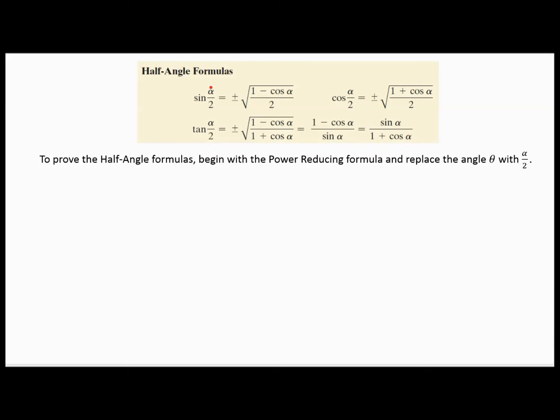To prove this, we won't prove all of them, but let's maybe talk about sine of alpha over 2. Where does that proof come from? It says begin with the power reducing formula. Okay, so let's begin with the power reducing formula for sine squared. So I remember that sine squared of theta is equal to (1 minus the cosine of 2 theta) over 2.